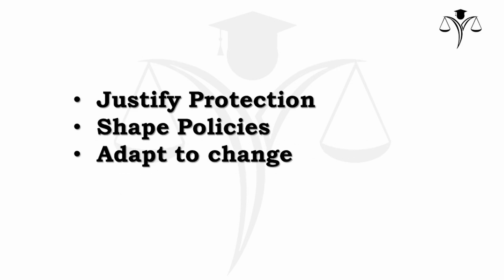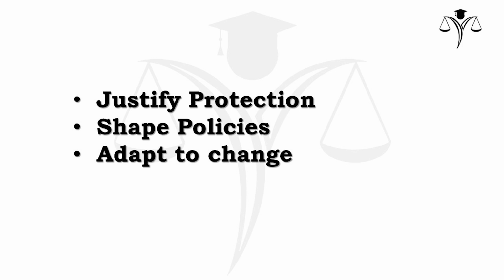Let's jump to the conclusion part. All these theories I am going to conclude under 3 headings: justifying protection, shaping policies, and adapting to change. The natural rights theory, the utilitarian theory, and the social planning theory come under justifying protection.